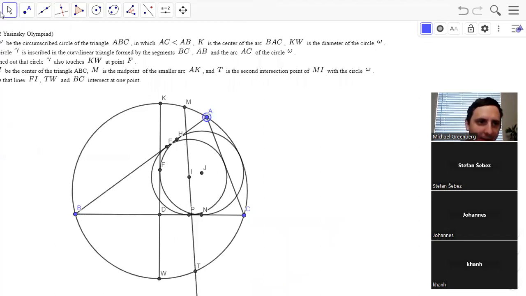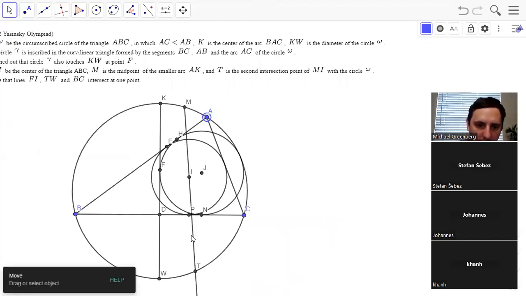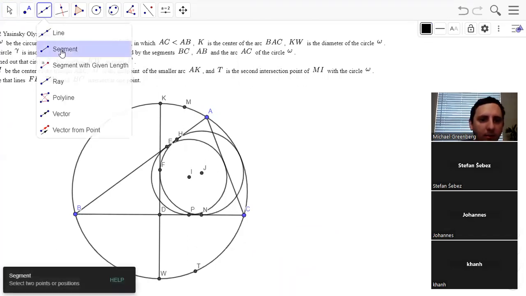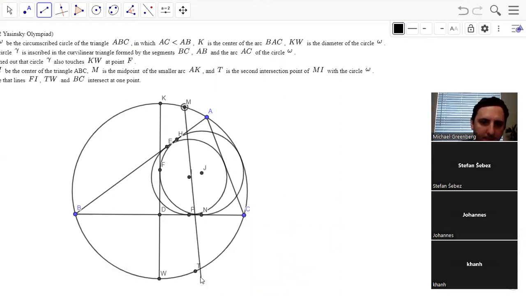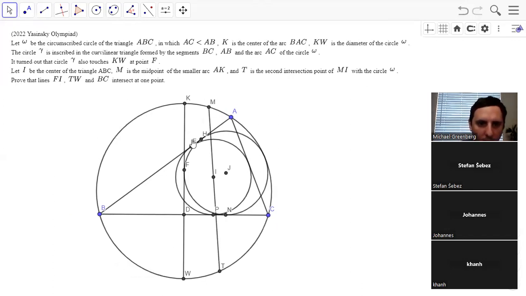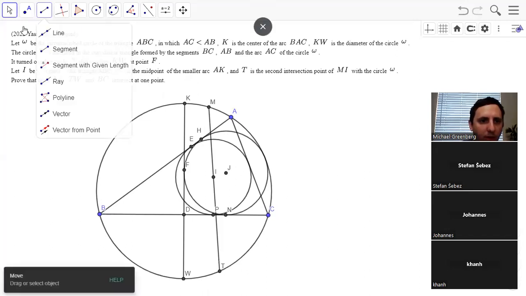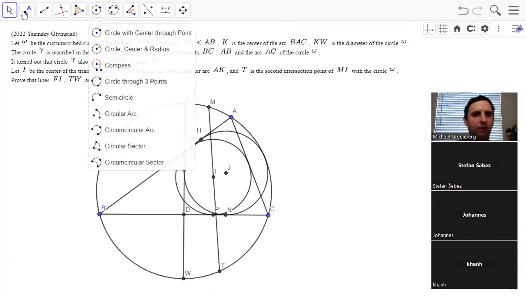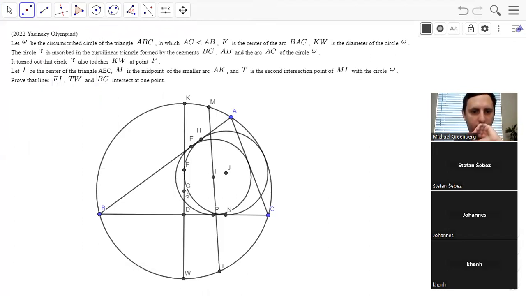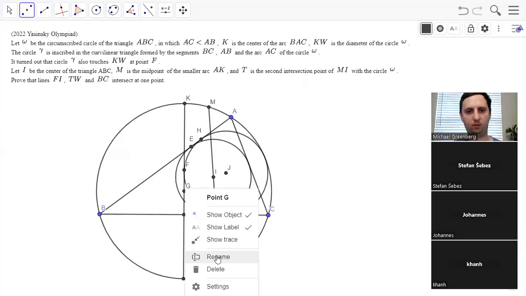I'll draw the center of the circle, call it O. F should be the incenter of KBC.